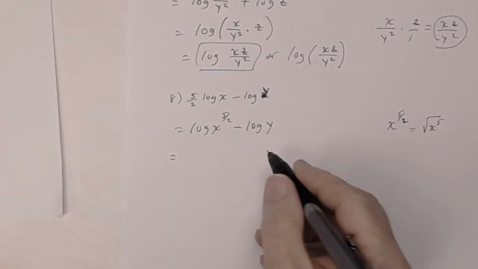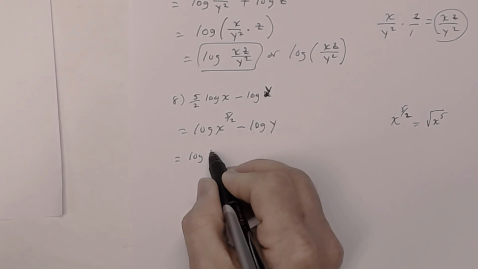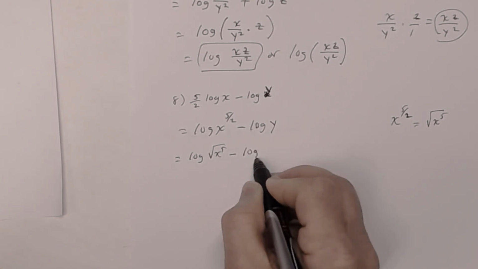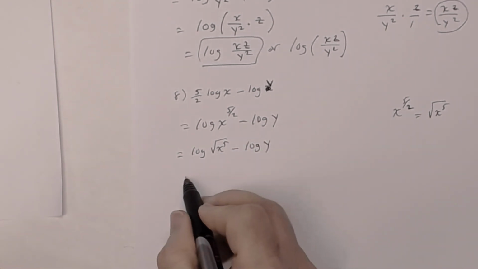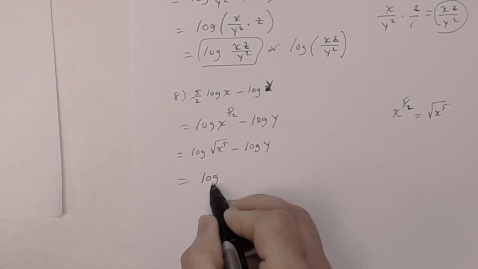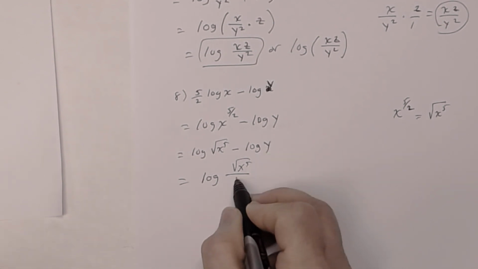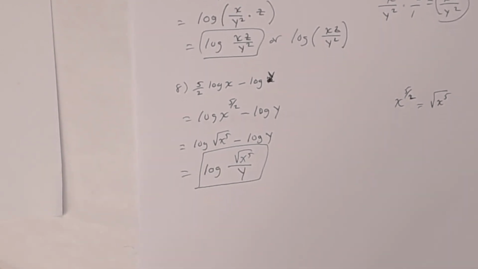All right? And so then this becomes the log of the square root of x to the 5th minus the log of y. And now I'm going to write this as a quotient. Use the quotient rule. So it'll be the log, 1 logarithm, and the numerator will be the square root of x to the 5th, and the denominator will be y. And that's it. So that was number 8.